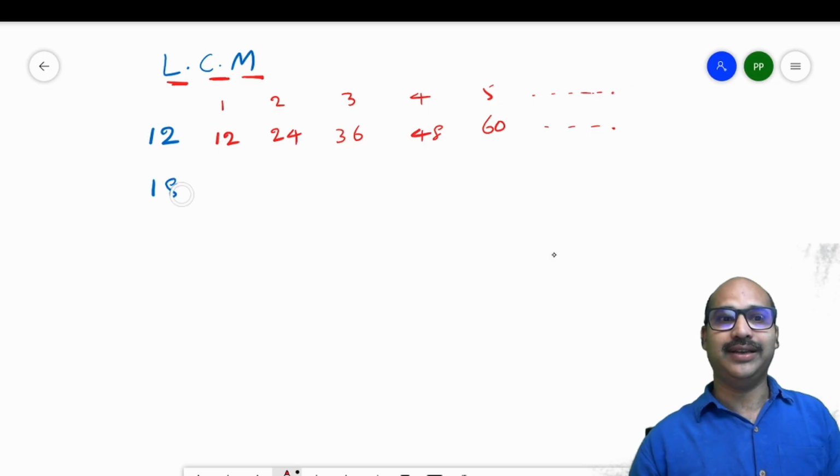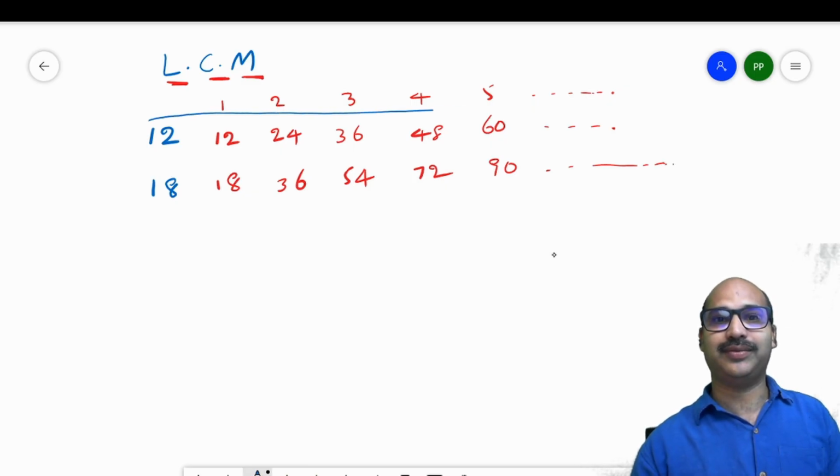Now for 18. 18 ones are 18. 18 twos are 36. 18 threes are 54. 18 fours are 72. 18 fives are 90 and so on. So here you can observe, this is a multiple of 12, 12 into 1.